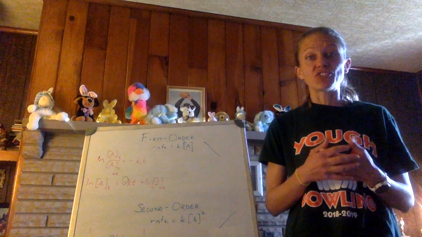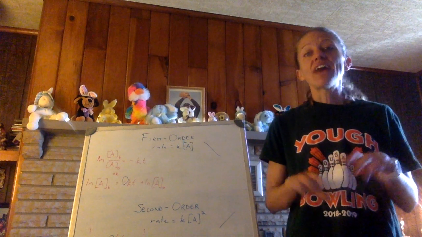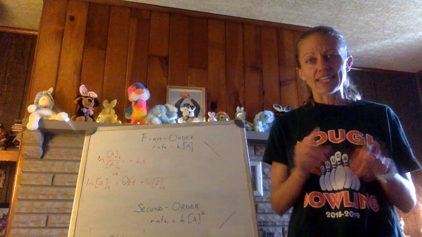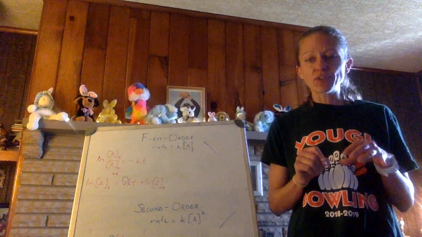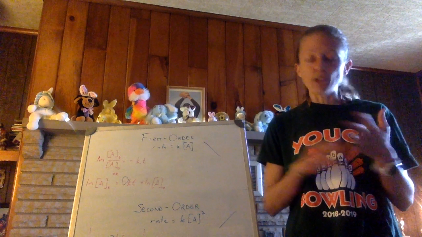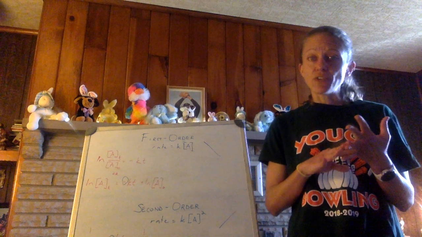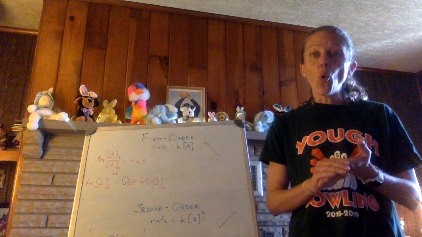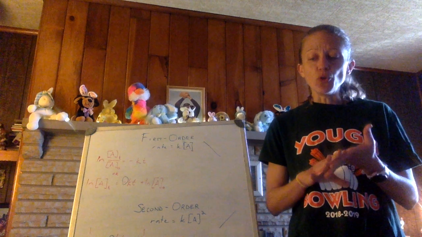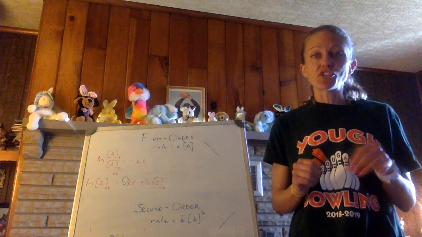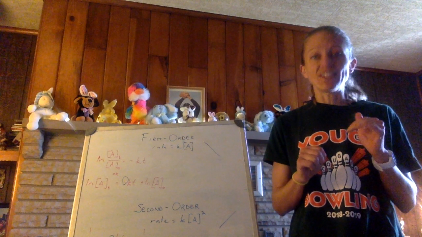Your big takeaway message today is the difference in the graphs and the difference in equations. What the equations we saw today let you do is calculate one of these variables. You can get your starting concentration. You can either calculate rate constant, the time it takes, or your new concentration at a given time, because what we looked at today is the relationship between concentration and time.